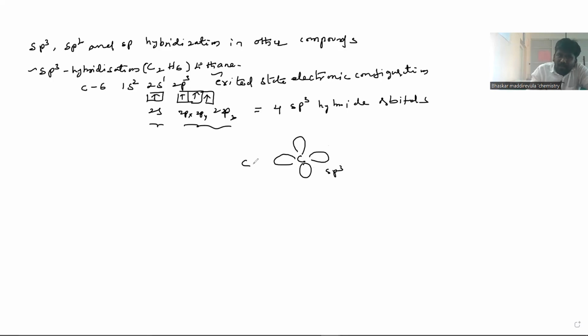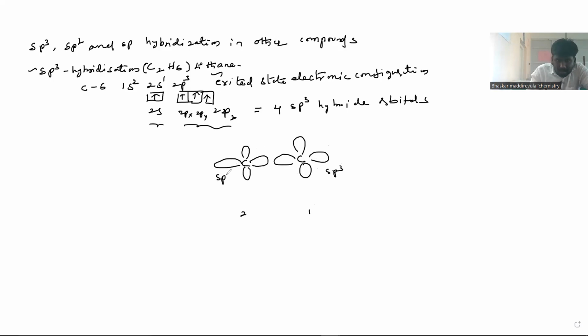In the same way, for carbon 1 and carbon 2, the same 4 sp3 hybrid orbitals will orient around the central atom carbon.